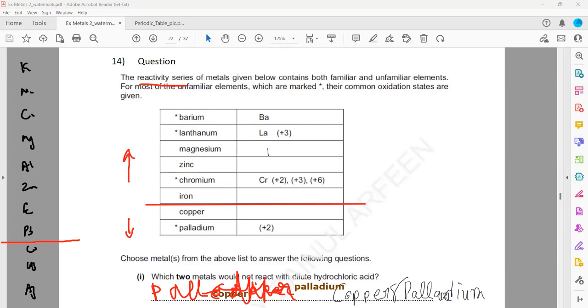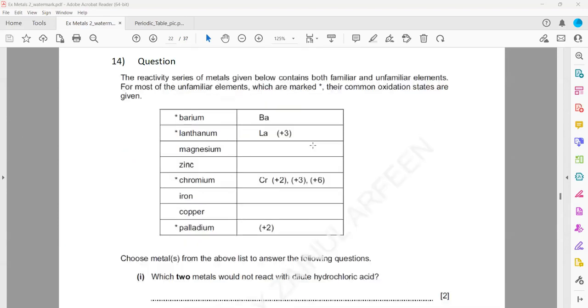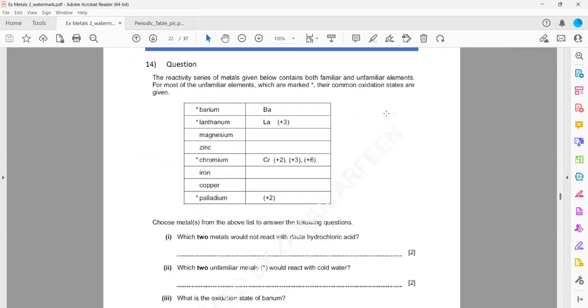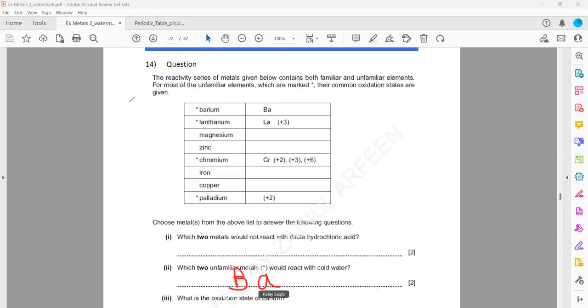The next one: which two unfamiliar metals will react with cold water? So first, look at how to work this out. First, we'll try to figure out which of the metals can react with cold water.